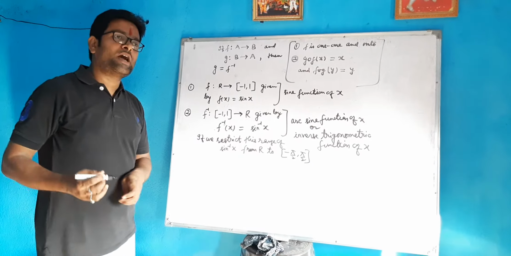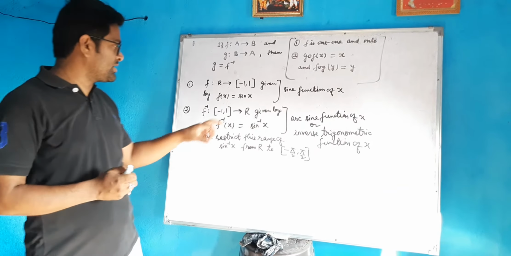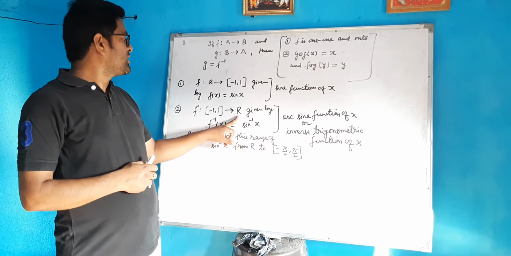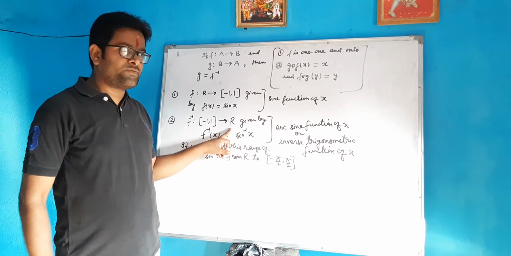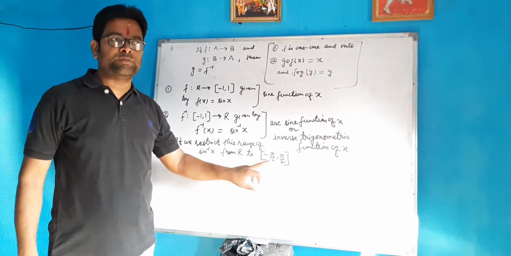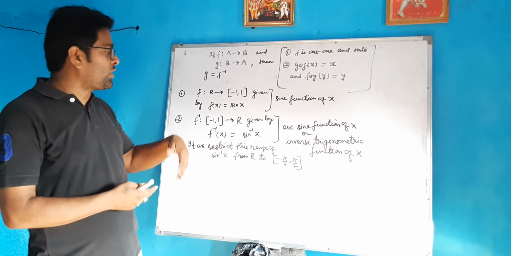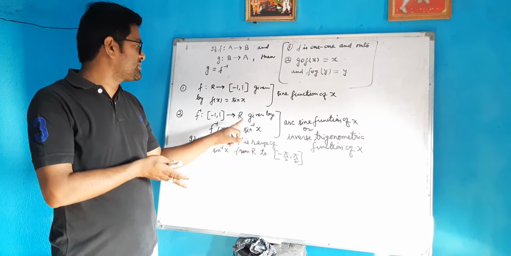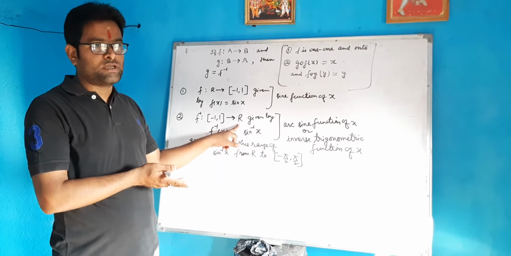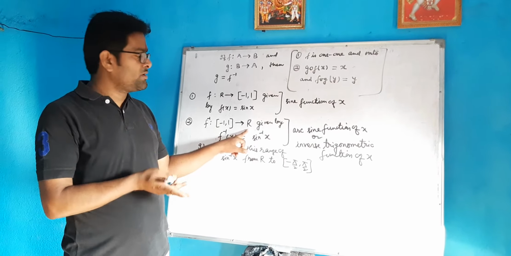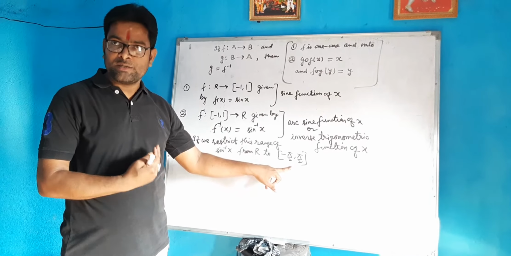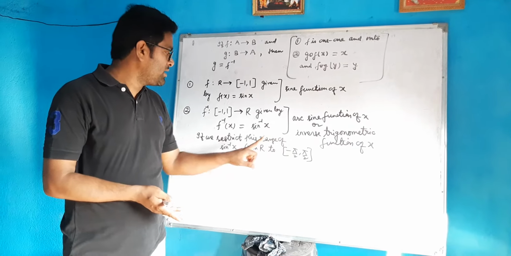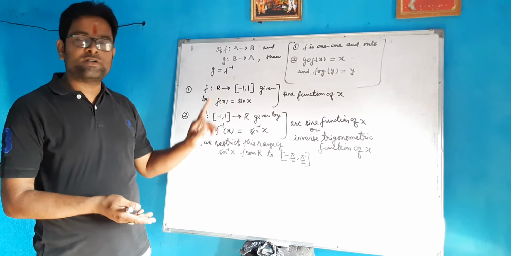I have restricted the range from the set of real numbers to minus pi by 2 to pi by 2. Other intervals are also subsets of this set of real numbers. I am taking one suitable subset as the range of this inverse function.